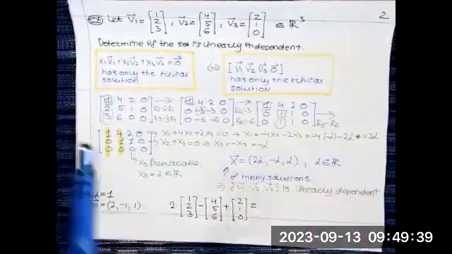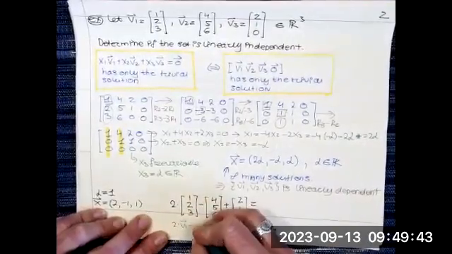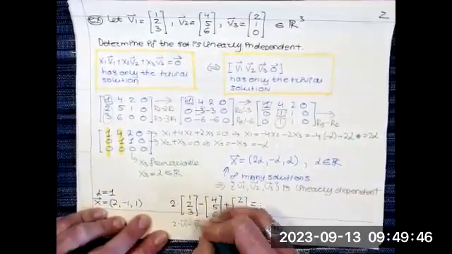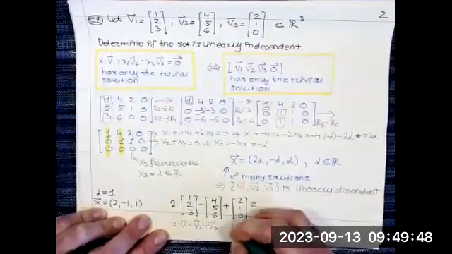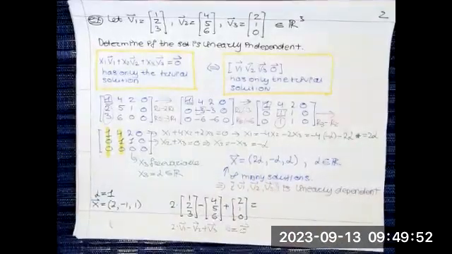We can check, does this equal 0? Here I have 2 times v1 minus v2 plus v3. If it's linearly dependent, it should be equal to 0. Let's check.